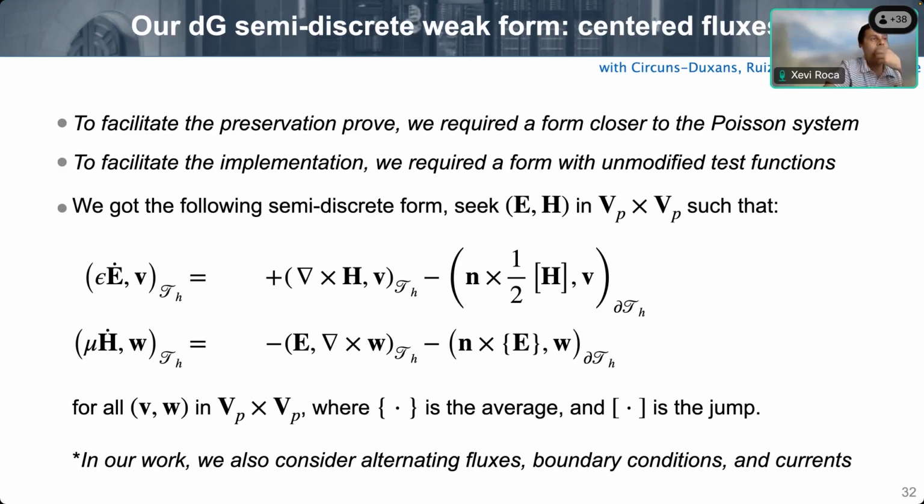What you can see is that on the right-hand side of both equations, you have an integral on the skeleton of the mesh, the boundary of T_h. In one, you have the jump of H accompanied by the test function B, and the test function appears without any modification. The same for W in the equation below. And this is good for implementation purposes. Next slide, please.